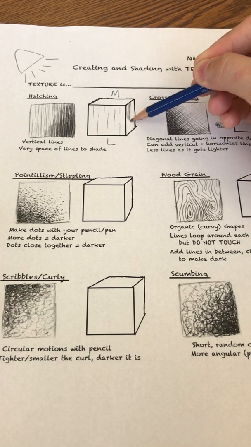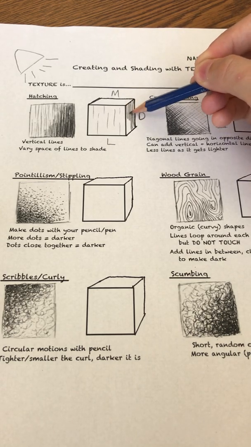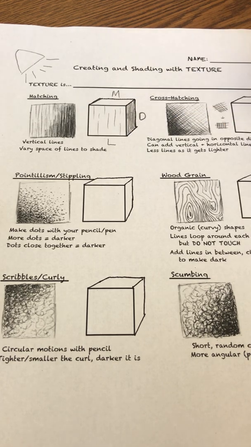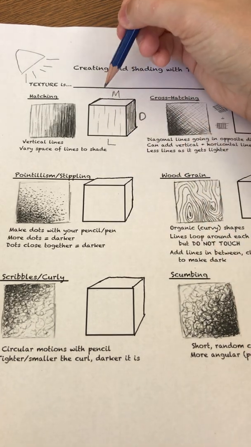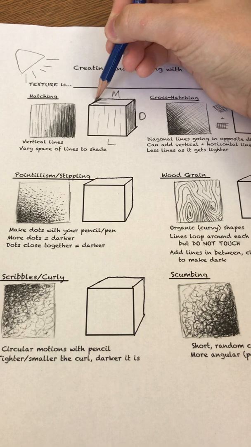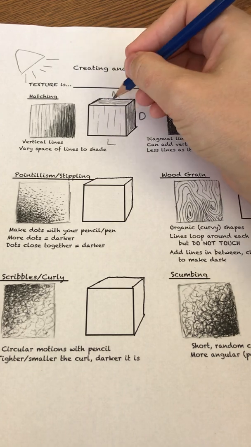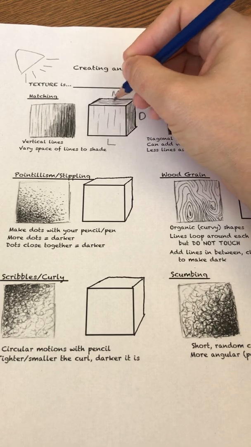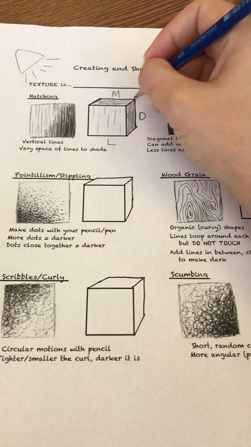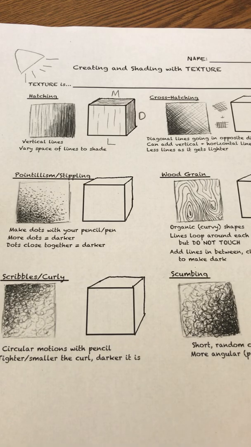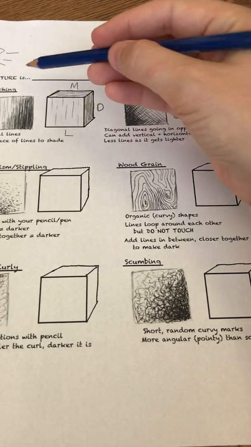The darker one, the lines are going to overlap, and they're going to be close together, and then the medium one is somewhere in between. Sorry, I'm doing this kind of left-handed. So light, dark, medium. That's hatching.